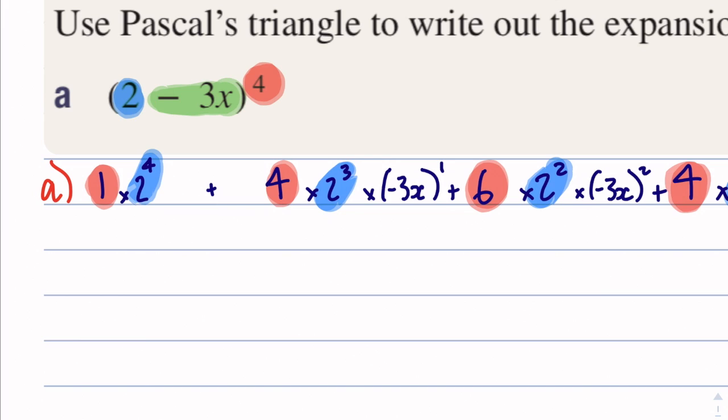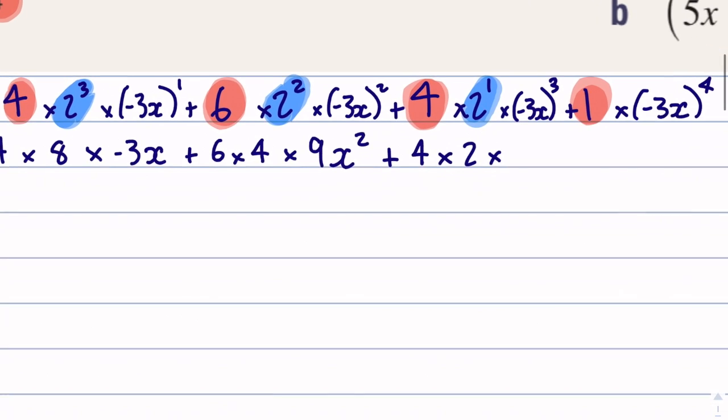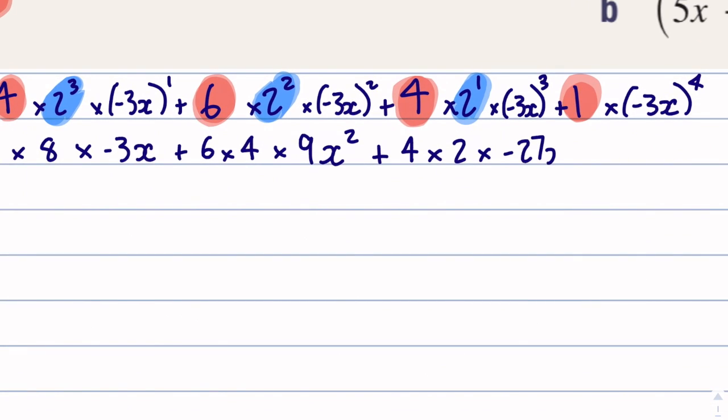Okay, so that first one becomes 1 times 2 to the 4, which is 16. Plus, we've got 4 times 2 to the 3, which is 8, times negative 3x, just to the 1. Plus 6 times 2 to the 2, which is 4, times negative 3 squared, which is 9x squared, plus 4 times 2 times negative 3 to the 3, which is negative 27x cubed, plus 1 times negative 3 to the 4, which is positive 81x to the 4.